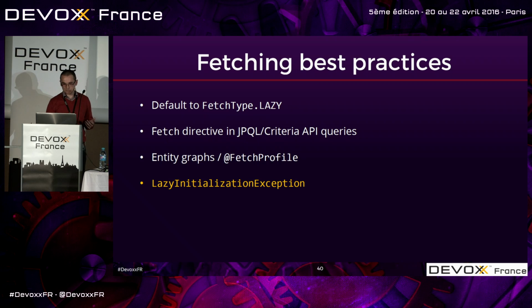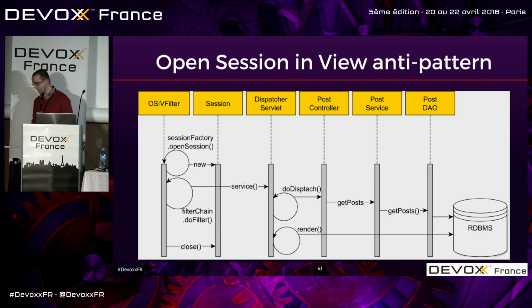Like the following ones, like the open session in view, which is called a pattern, but it's not, it's an anti-pattern. Because what it does, for example, in a filter on the web, you're going to create a session. You don't allocate the database connection right away. The connection is going to be allocated in the service layer.